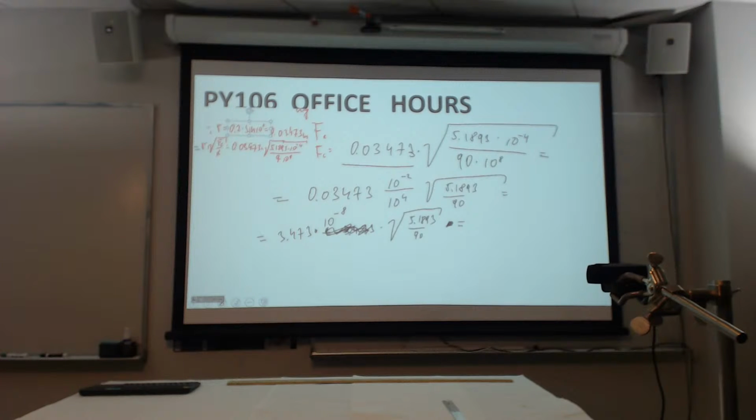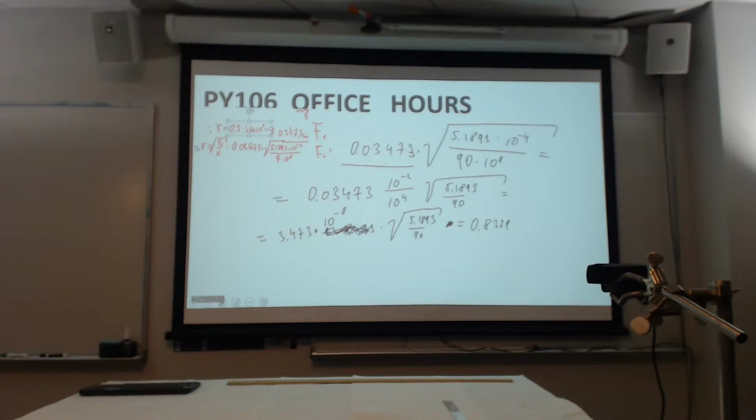Well, let's check it again. So square root of 5.1893 divided by 19 times 3.473. Oh, I get a different number. 0.8339. One more time.